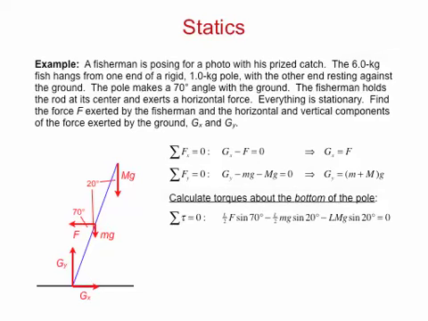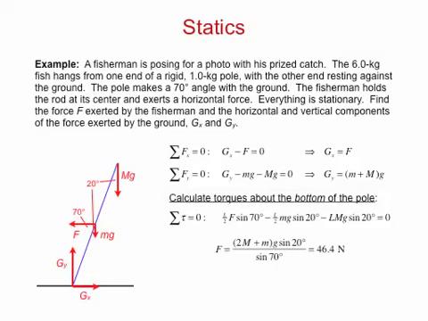Solving this for F gives F equals the quantity 2 times big M plus little m, that quantity times g, times sine 20 degrees, all over sine of 70 degrees.